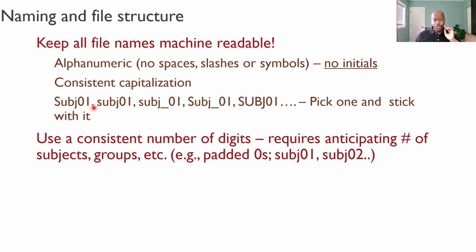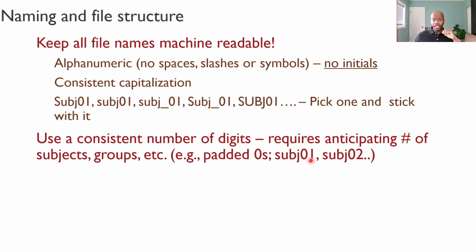When thinking about using numbers in your file name, so incrementing numbers, something that's very basic is you want to think about how many total subjects or trials you might have, and make sure you use a consistent number of digits for all those numbers. Why is this the case? So let's say I start naming my participants subject 1, 2, 3, 4, 5, 6, 7, 8, 9, 10, then 11.